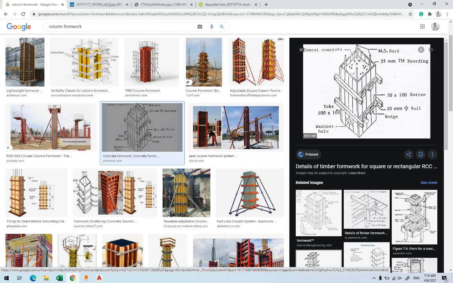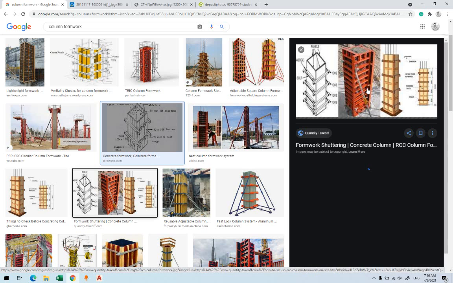And how much is the height? Is equal to the height of the column. Now you remember height of column, when we calculated, we told you from somewhere to somewhere, to the bottom of the beams. Yes, and this is why we said that when we've been calculating the concrete for column, we said till the bottom of the beam.